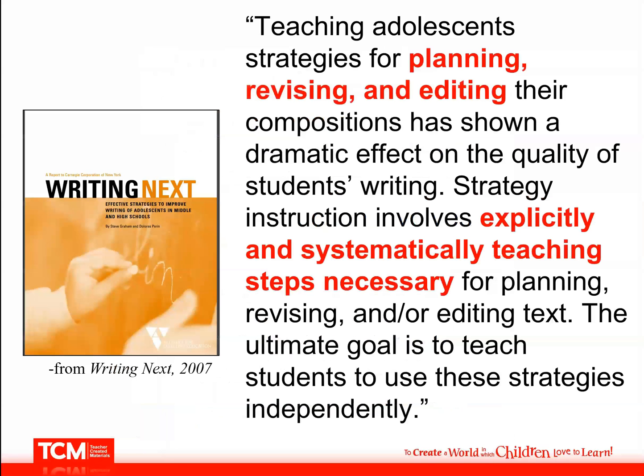According to the report, teaching adolescents strategies for planning, revision, and editing of their compositions shows a dramatic effect on the quality of their writing. Strategy instruction involves explicitly and systematically teaching those steps necessary. The ultimate goal is to teach students to use those strategies independently.